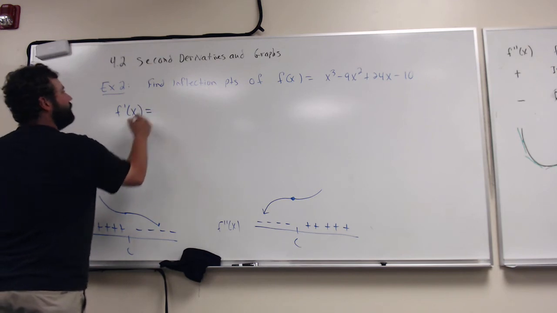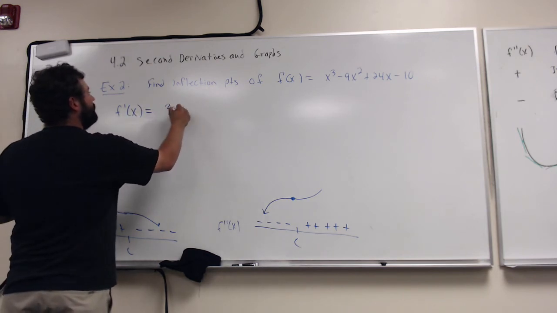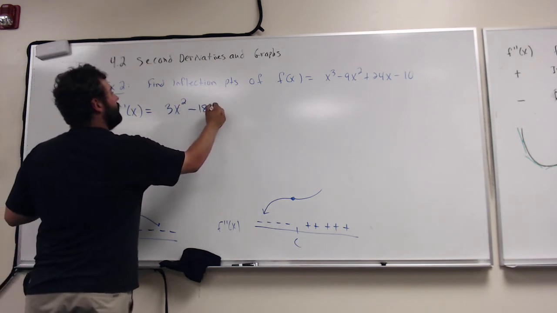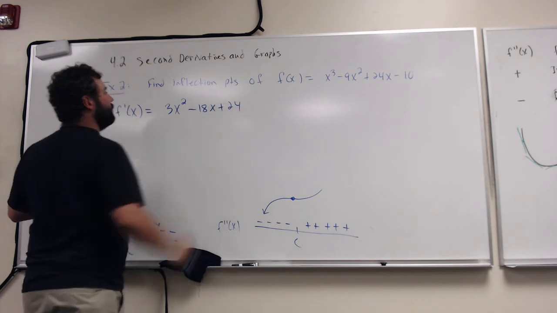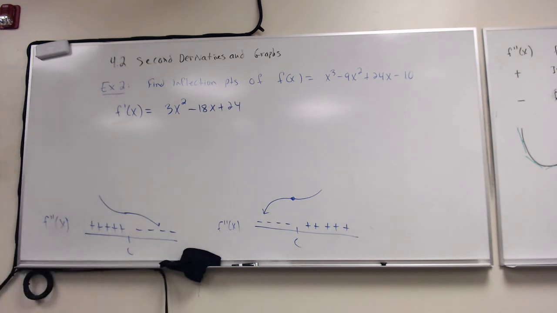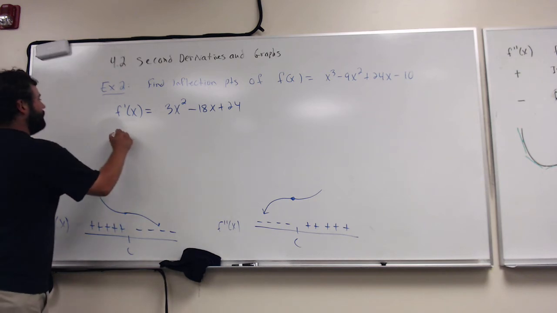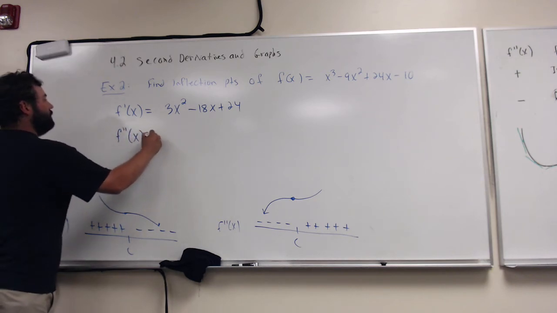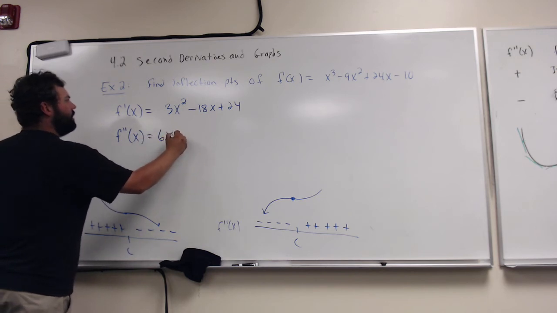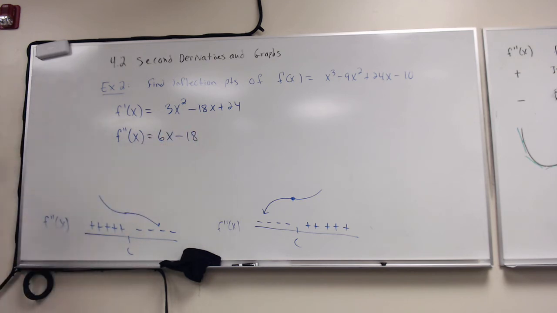We can start by finding the first derivative, which is 3x squared minus 18x plus 24. And then the second derivative would be 6x minus 18.